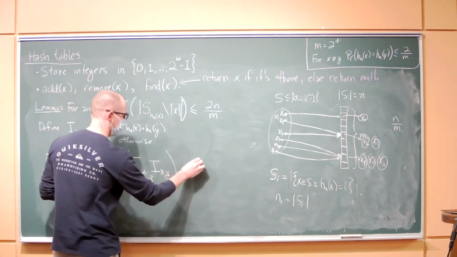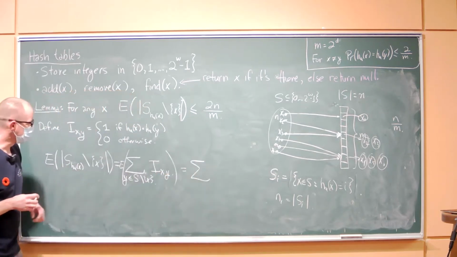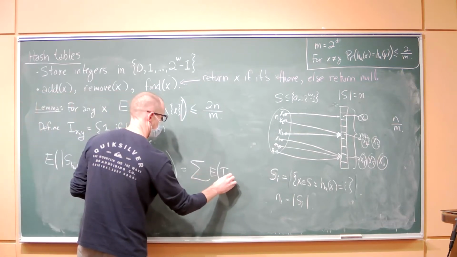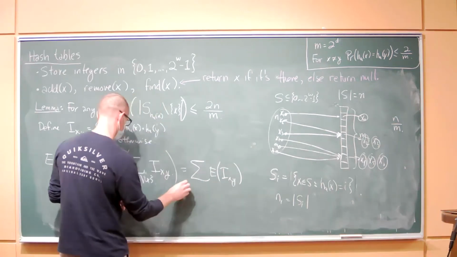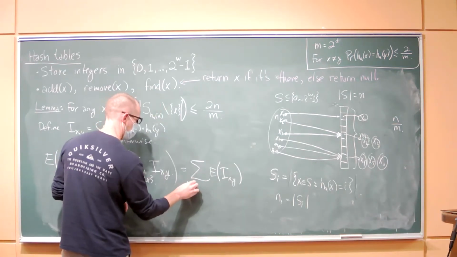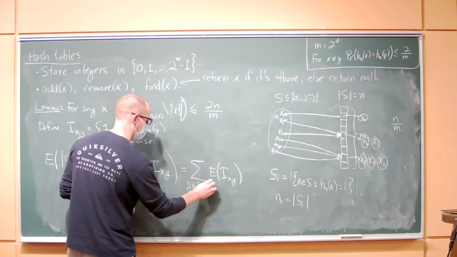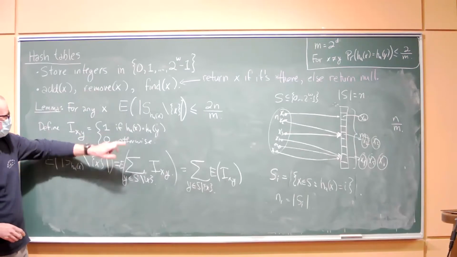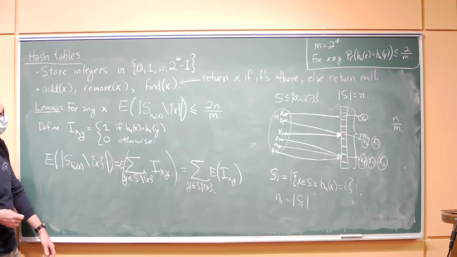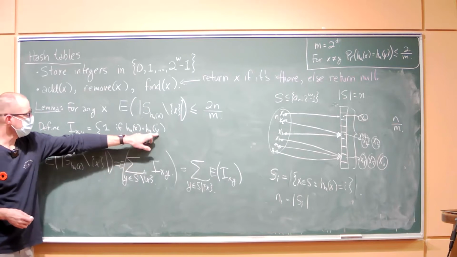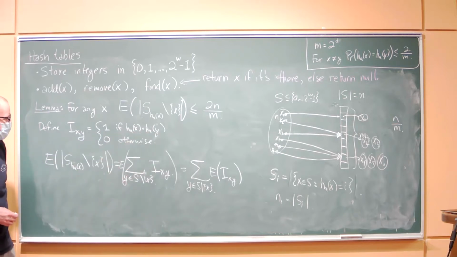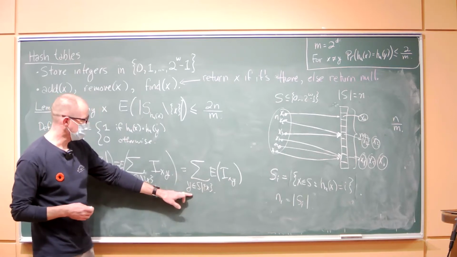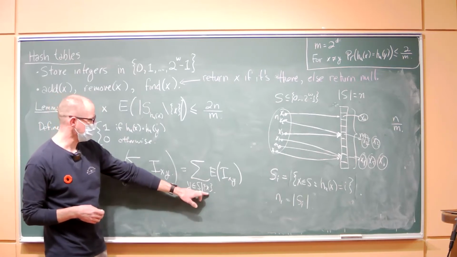And you use linearity of expectation to bring the expected value in. Now, Rxy is just asking, the expected value of that is just the probability that HA of x equals HA of y. And x and y are different because that's what the sum is over, everything in S except possibly x.